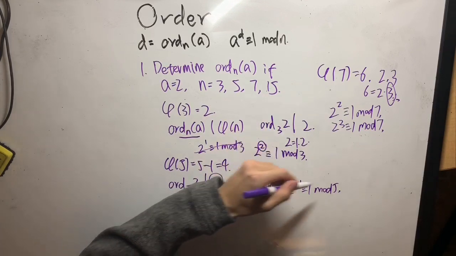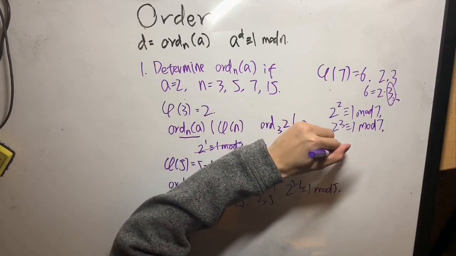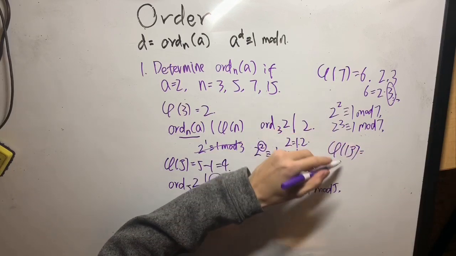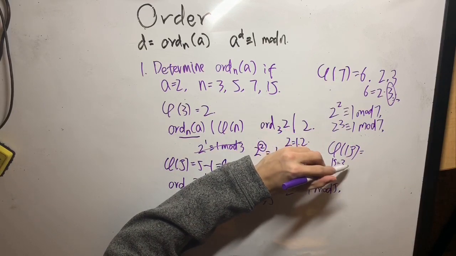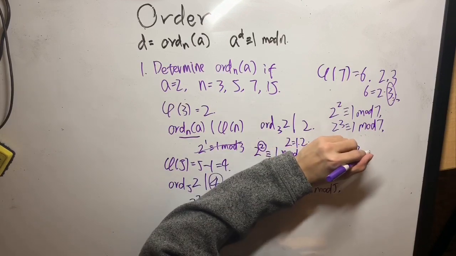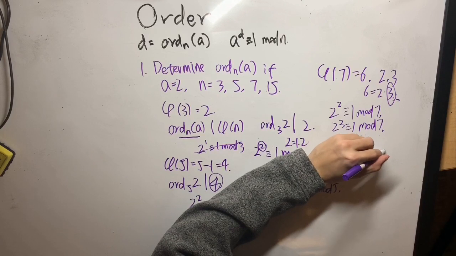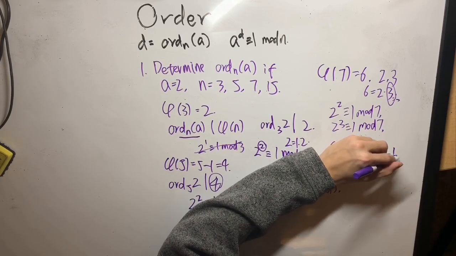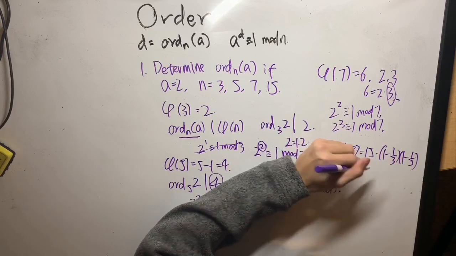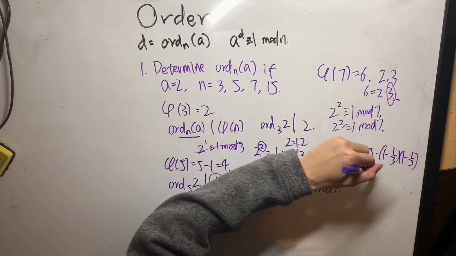Last but not least, we have the phi of 15. We have 15 equals 3 times 5. Thus, the phi of 15 equals 15 times 1 minus 1 over 3 times 1 minus 1 over 5, which equals 8.